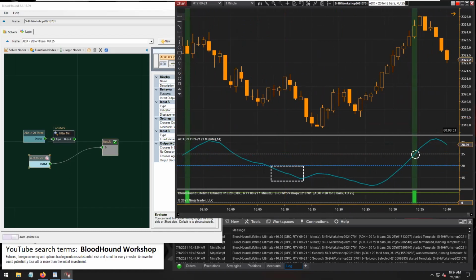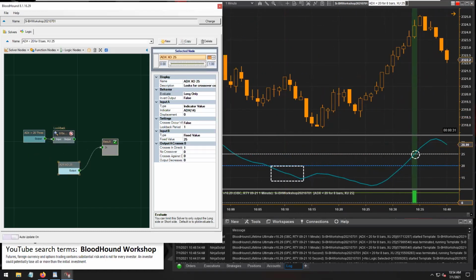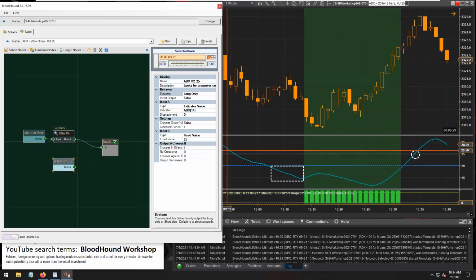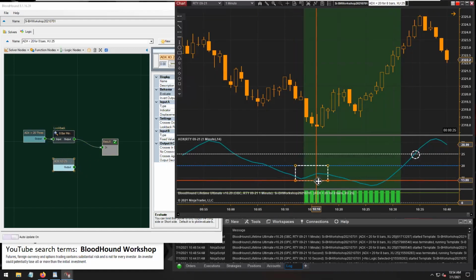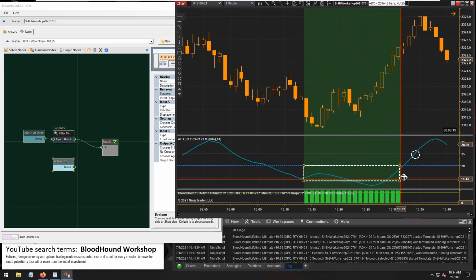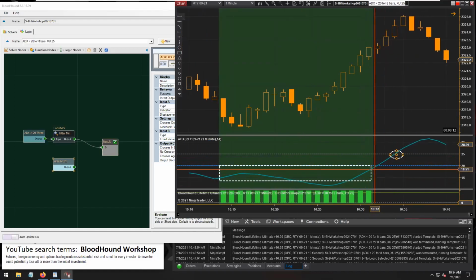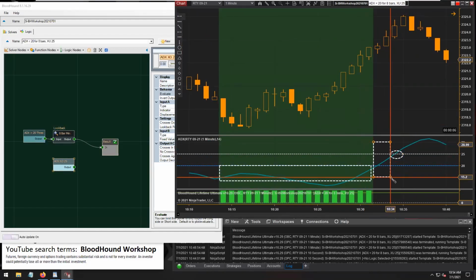So now we need to combine our detection of the ADX below 20 with the crossover. And you can see that there's a few bars in between. There's this gap between when that happens.